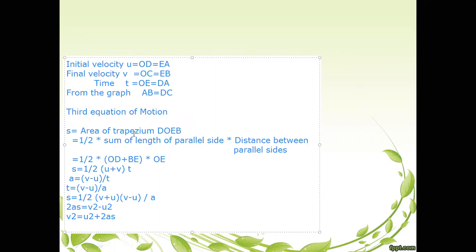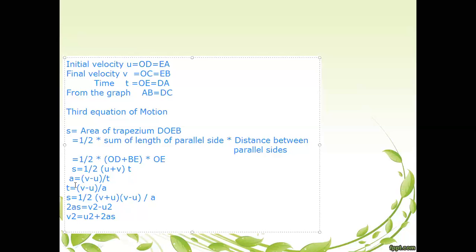This is half into the sum of the lengths of parallel sides into the distance between parallel sides. So from the graph we find half into OD plus BE into OE. This value is half into initial velocity plus final velocity into OE, equal to time.